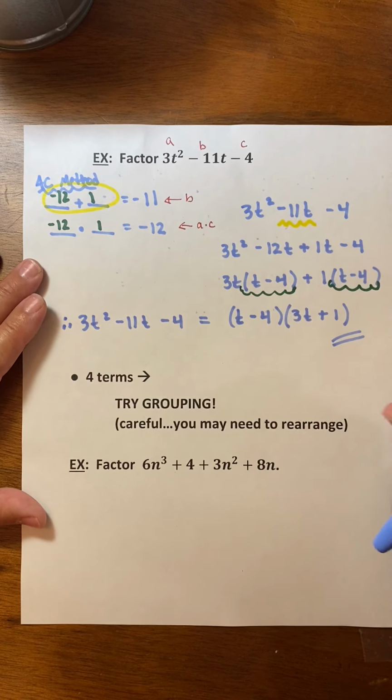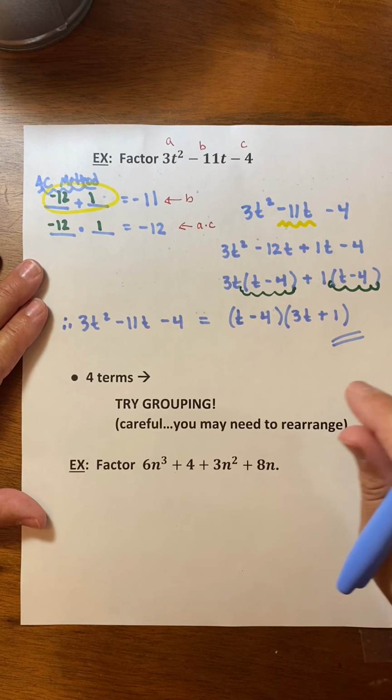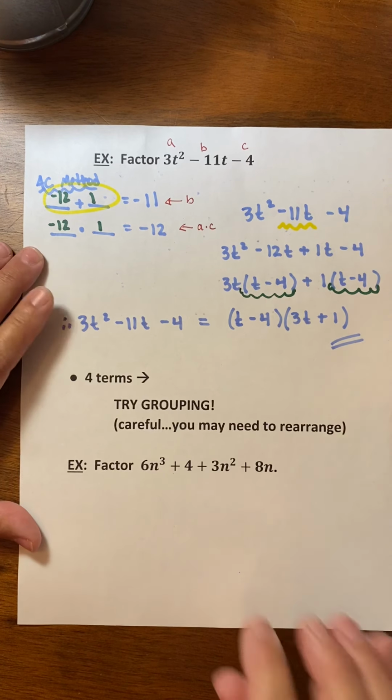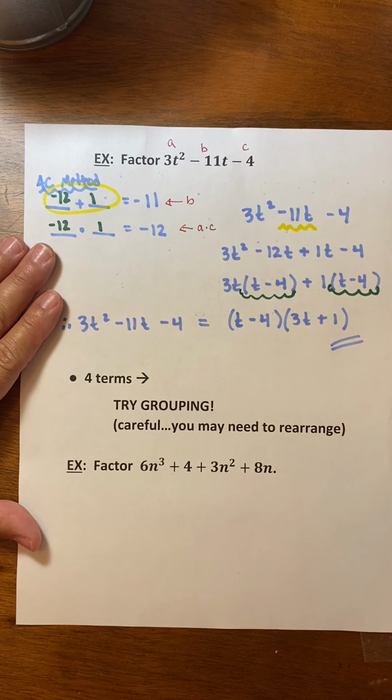And then lastly, grouping. Okay, so as is, let's see if I try grouping right away. So if you see a 4-term expression, try grouping. Just want to make sure I don't have a typo. So let's look at this guy.